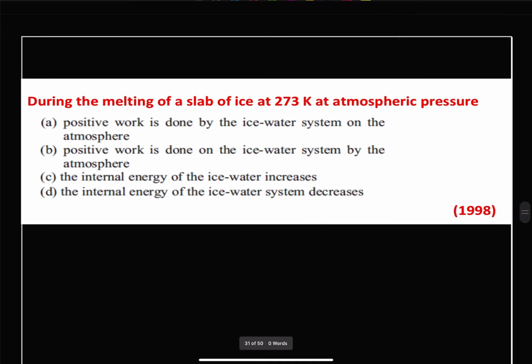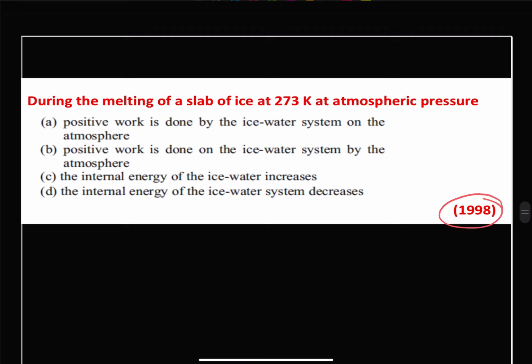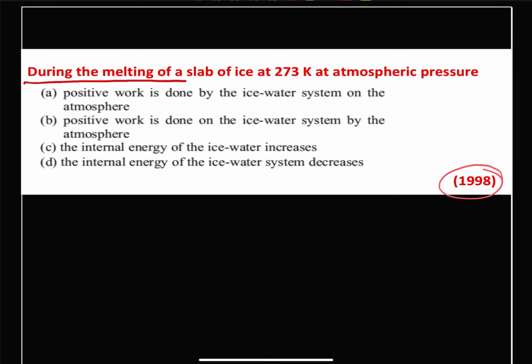Next question. It was asked in the year 1998, and it states that during the melting of a slab of ice at 273 Kelvin at atmospheric pressure, you have to check which of these 4 options is the correct one.